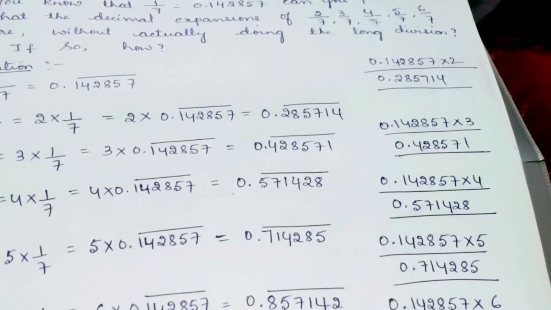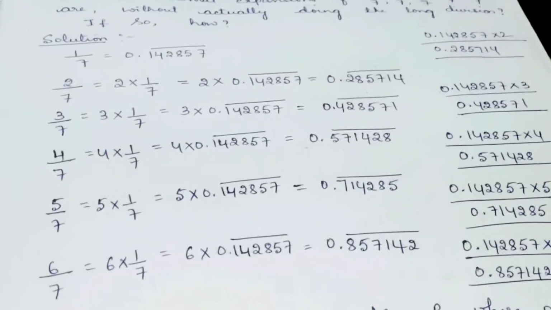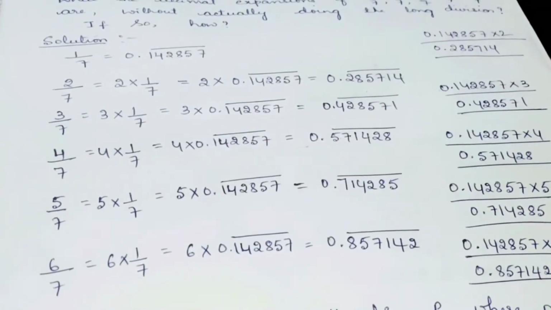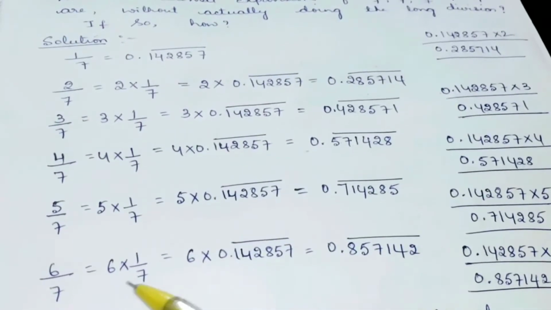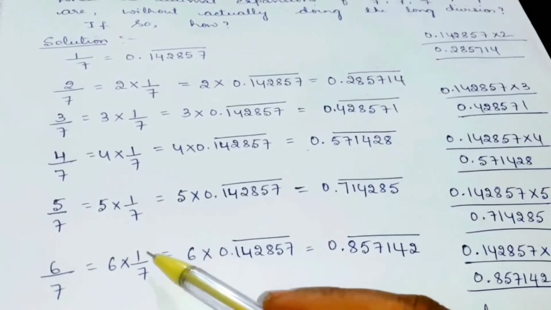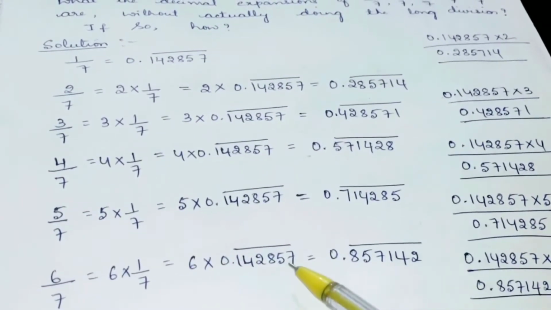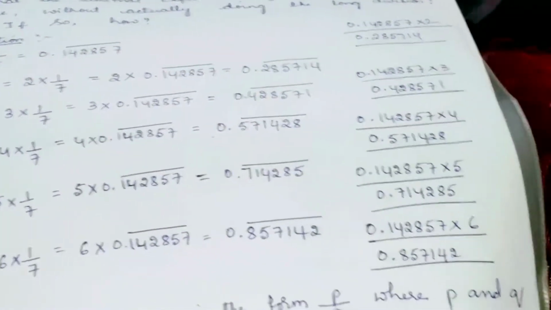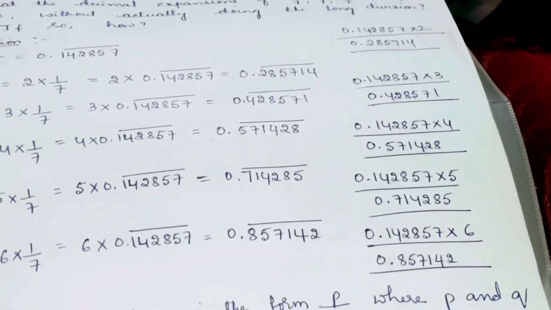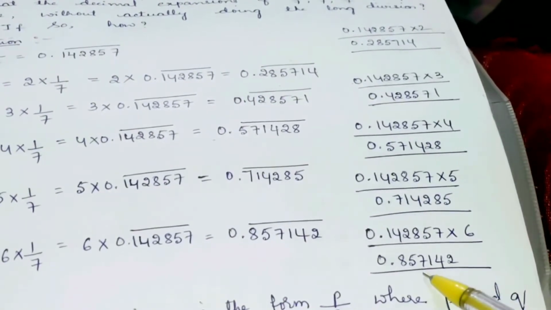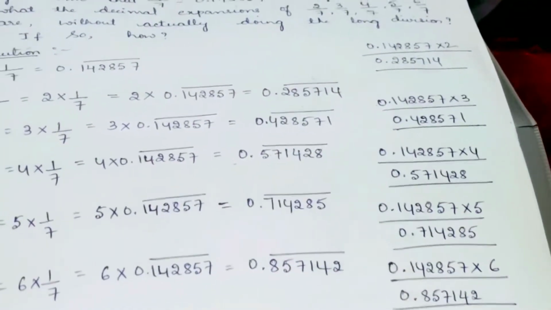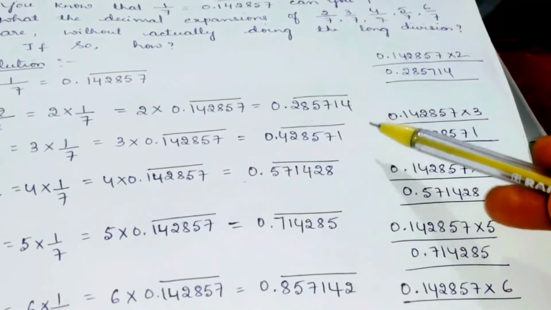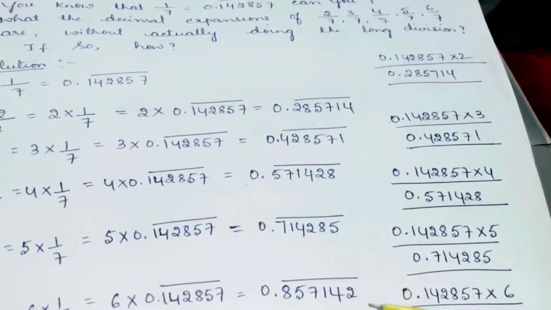And lastly, you can find 6 by 7 by writing 6 into 1 by 7. Write 6 as it is, substitute the value and multiply, and you'll get 0.857142. See, you have arrived at the answers without doing the long division.